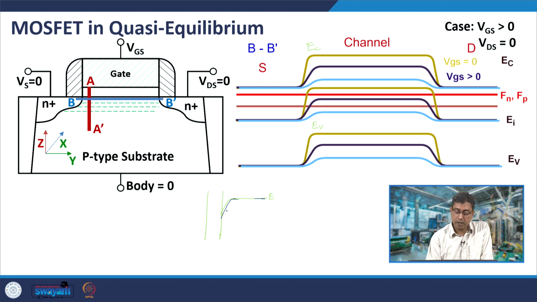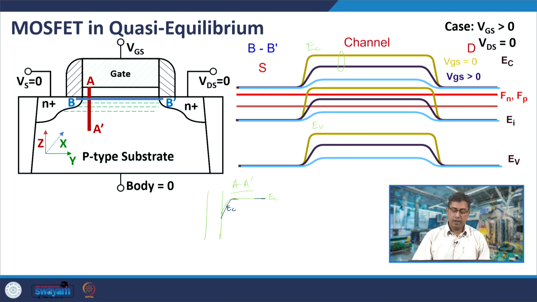So, now this is the conduction band with an increased gate voltage. You have increased the gate voltage and the band bending has increased along the A prime line. And what is the corresponding picture along the B prime line? It is this. This is the corresponding picture.